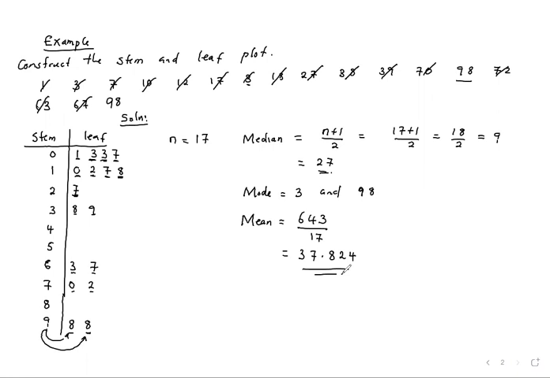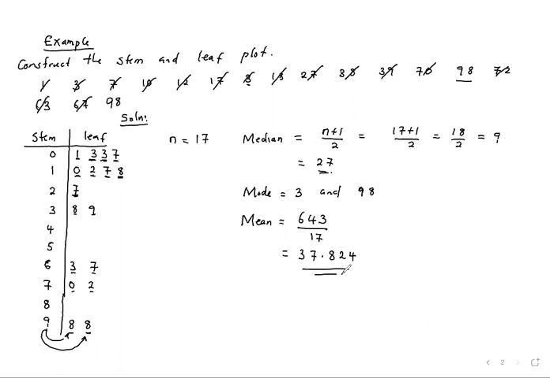Then your stem will be the numbers before the decimal. So for 5.2, 5.3, the stem will be 5, and you put the decimal digit on the right. The stem is the number you keep writing, 5.3, 5.4, 5.7, because you'd be writing 5 many times.